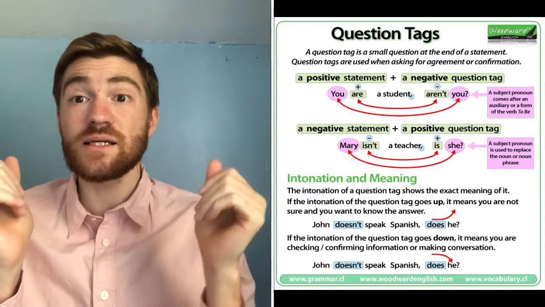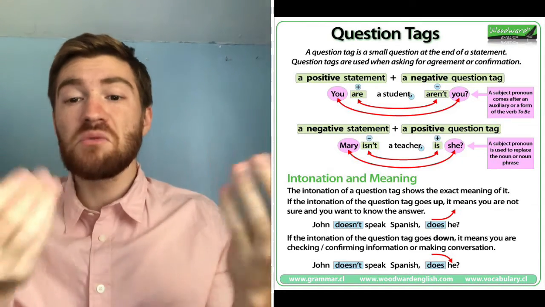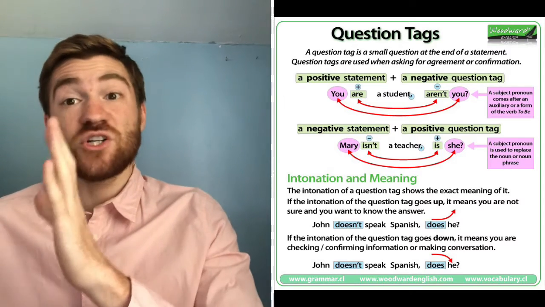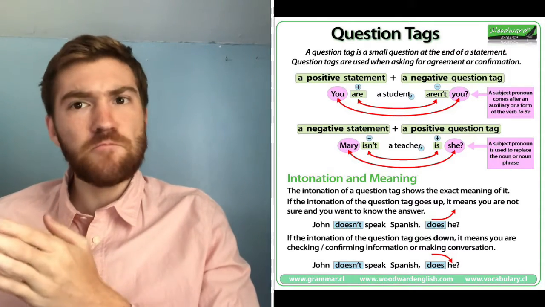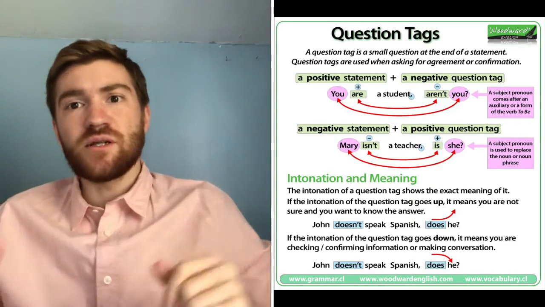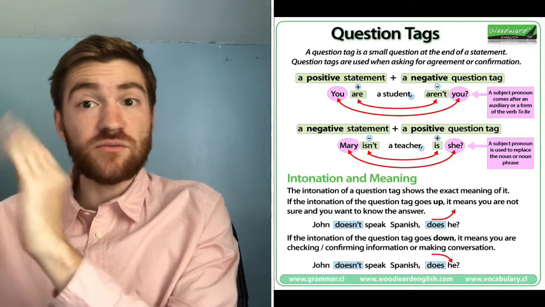Okay, two things to know about tag questions. If the first sentence, the real sentence, is positive, like "they have gone now," the tag question is negative: haven't they? They have gone now, haven't they? So it's always the opposite. If the real sentence is negative, the tag question is positive.